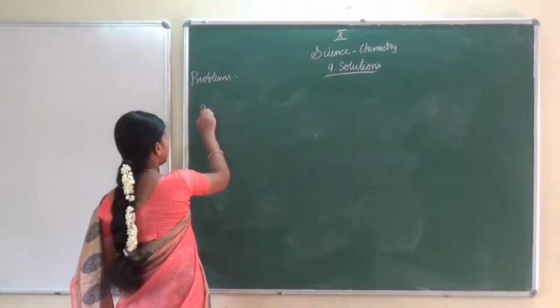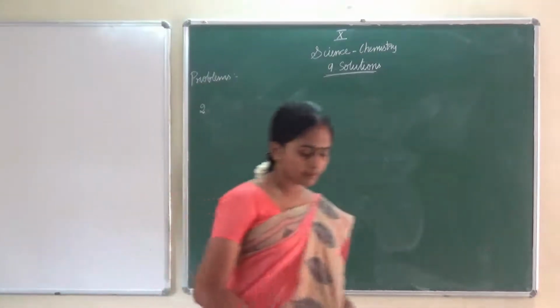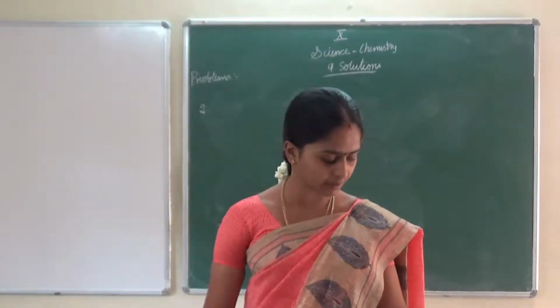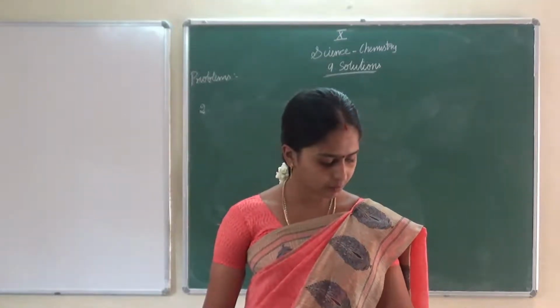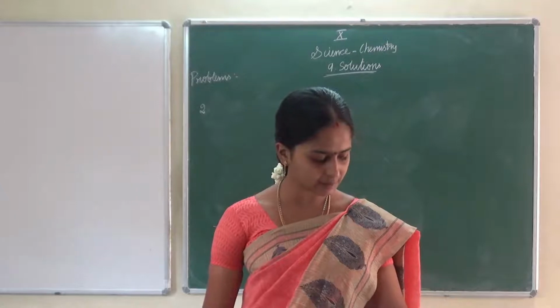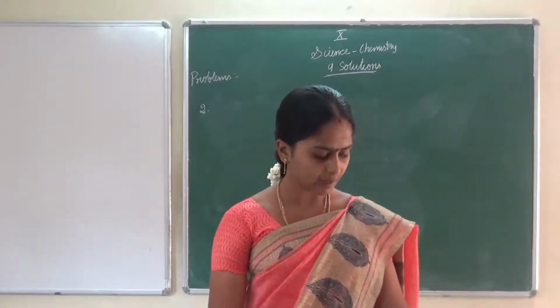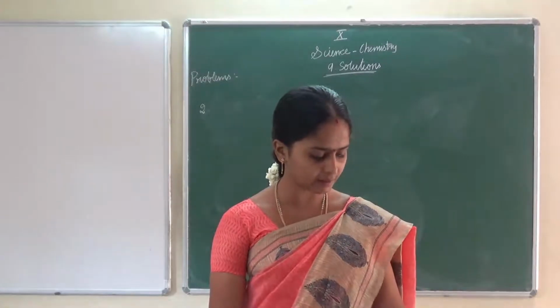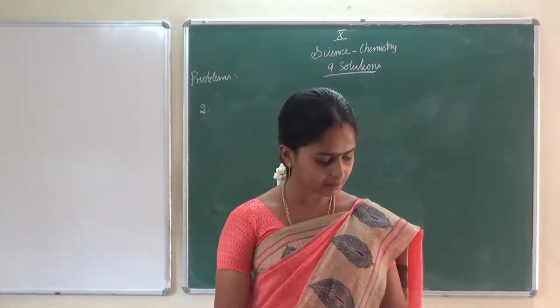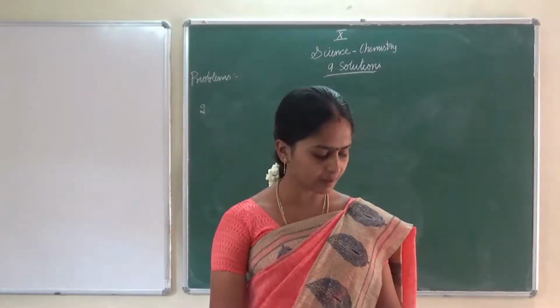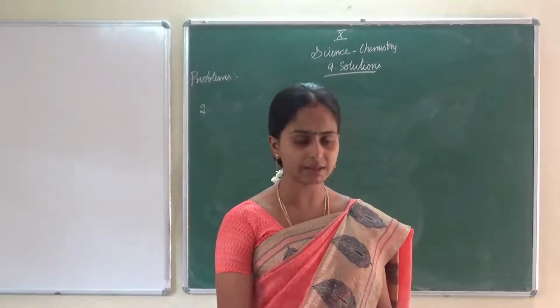Now the next problem: how much mass of potassium chloride would be needed to form a saturated solution in 60 gram of water at 303 Kelvin, given that the solubility of KCl is 37 per 100 gram at this temperature.